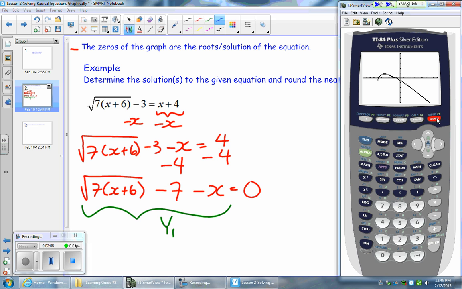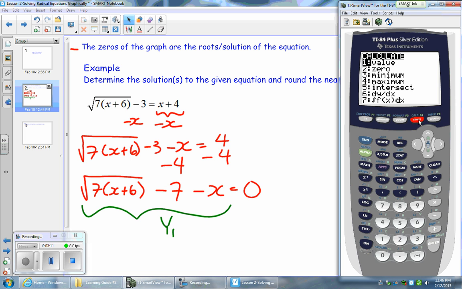In order to find the zeros, you're going to use the 0 feature. So go second trace, select 2 for 0. So number 2. And it's going to ask you for a left bound. So you have to get to the left of the first point of intersection. So if we get to the left, make sure you're below it. There you go. And you're going to press enter. And then they're going to ask you for a right bound. So get onto the right of that point of intersection, so right above it.